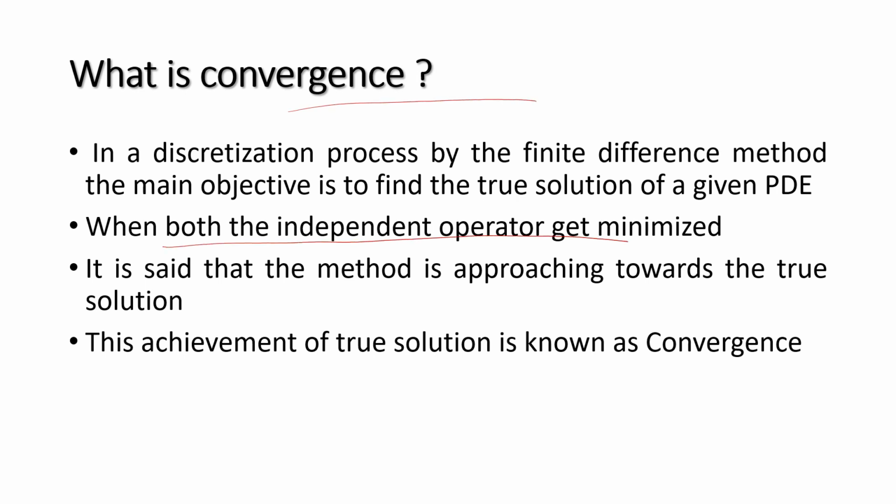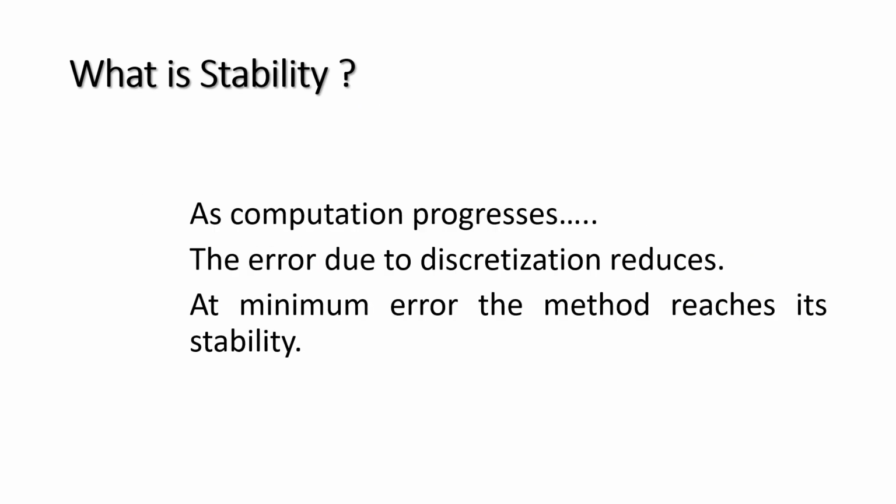When both the independent operators get minimized. So basically, the achievement of true solution is known as convergence. What is stability? Here also you see the error has to be minimized. And the method with the minimum error is stable. Right? So they are always trying to decrease the error.